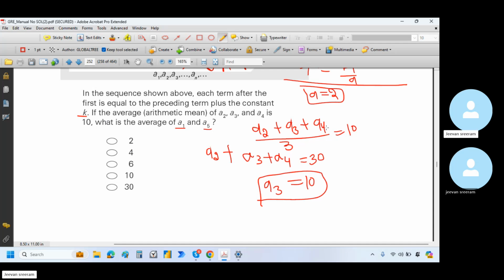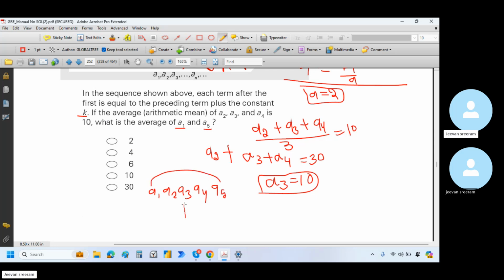A3 is equal to 10. And similarly, for A1 and A5, with A1, A2, A3, A4, A5, the middle number is going to be A3. So that's going to be 10 again. So no need to solve anything. So 10 is the right answer.